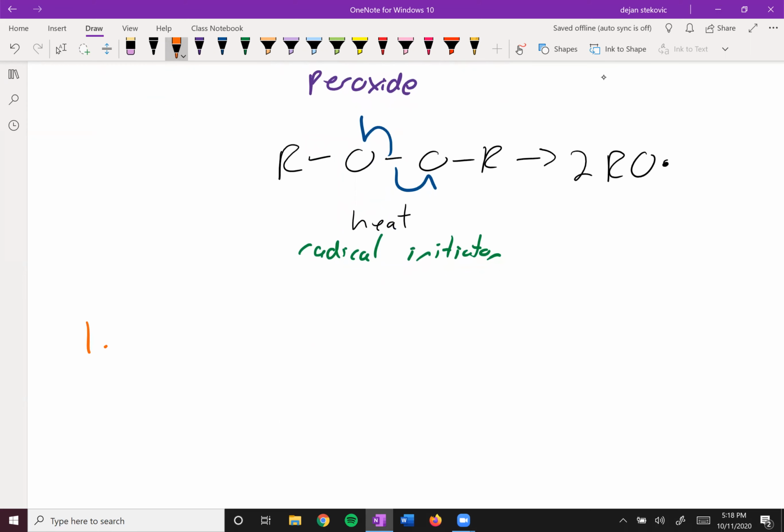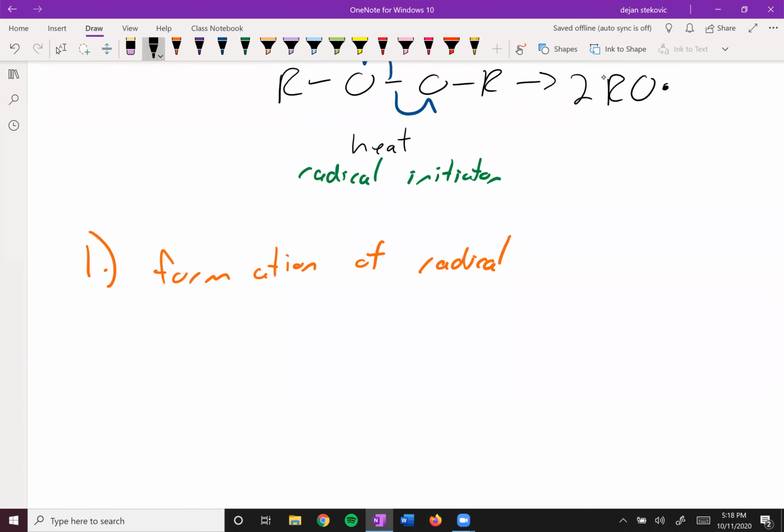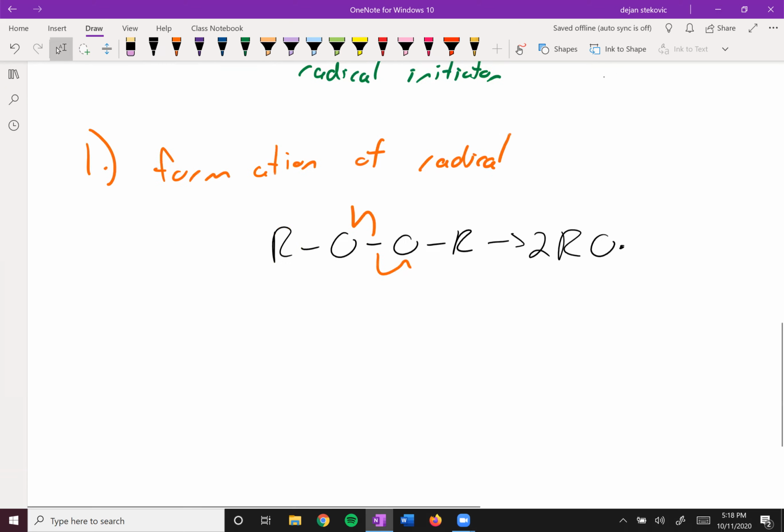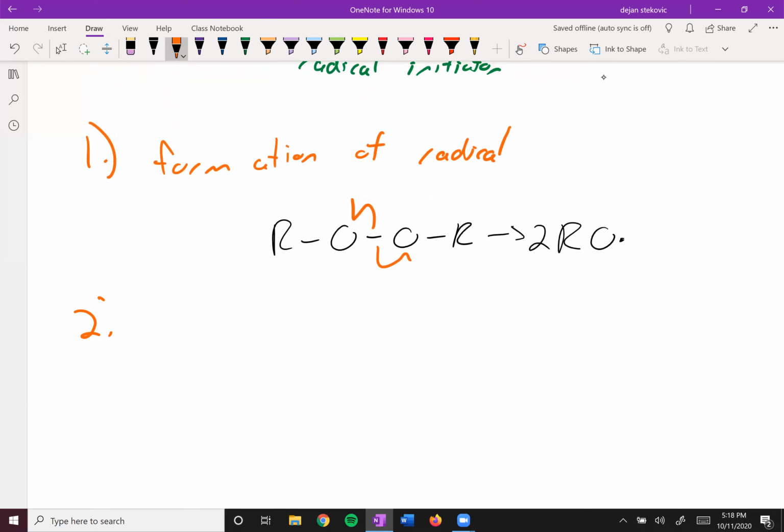So the first step here is you're going to form the radical. We have our ROOR, heat this thing up, you get some homolytic cleavage. The second step is going to be some propagation with HBr.